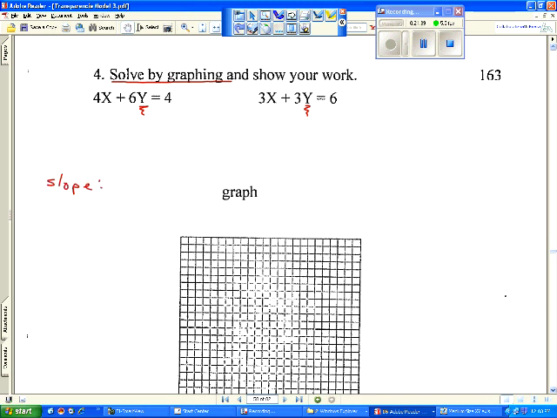Because we use the slope and the y-intercept to graph with. And what are we going to be looking for graphically to find the solution? Graphically speaking, what's the solution? The point of intersection.